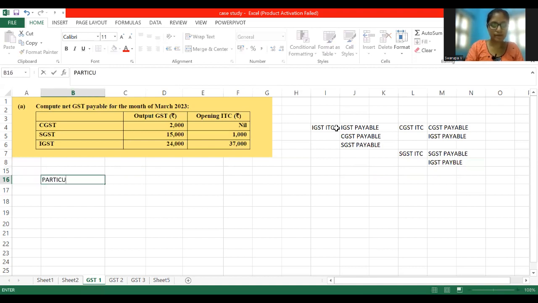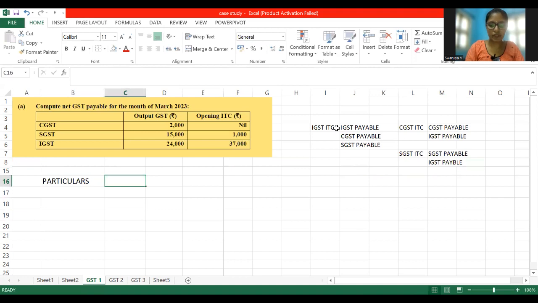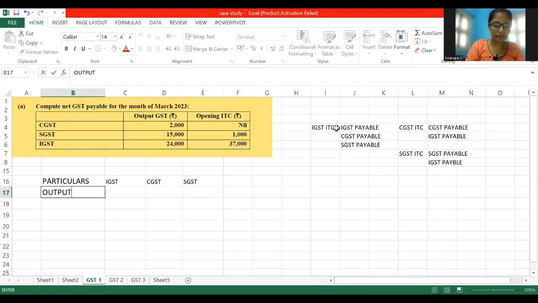So, particulars: IGST, CGST and SGST. Output tax 24,000, 2,000 and 15,000.